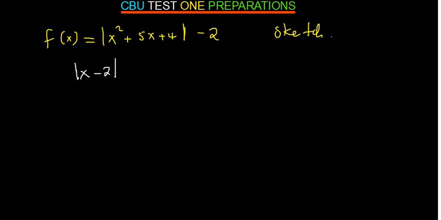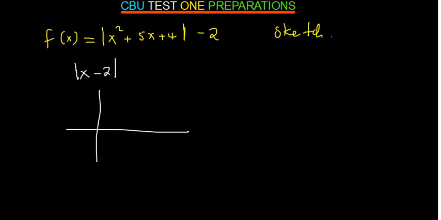I find that x is equal to positive 2. Meaning that for this function, it will start at positive 2. The number in front here is positive, meaning that the function is going to be going up from 2. If there was a negative here, the function would be going down like that.